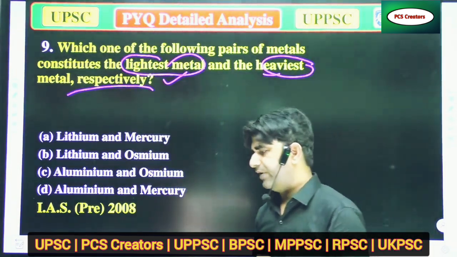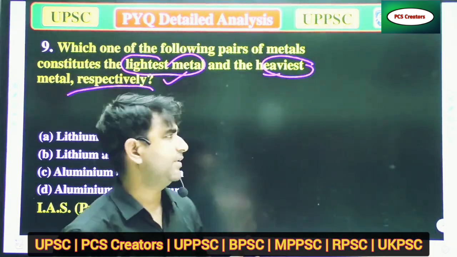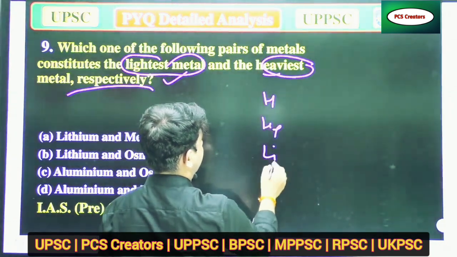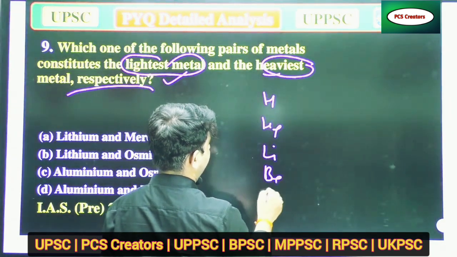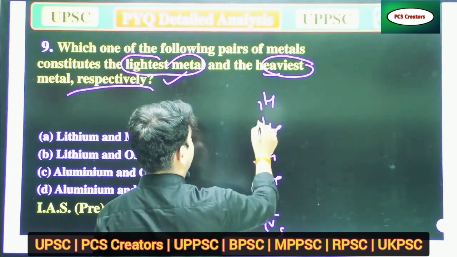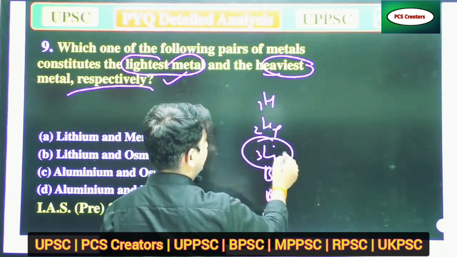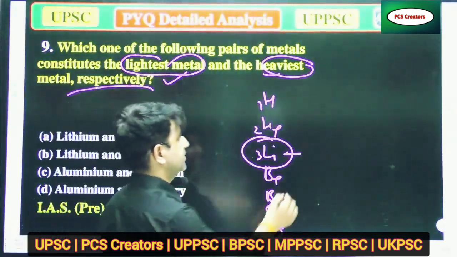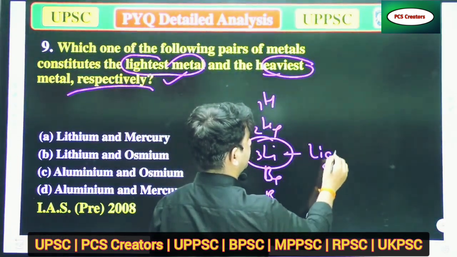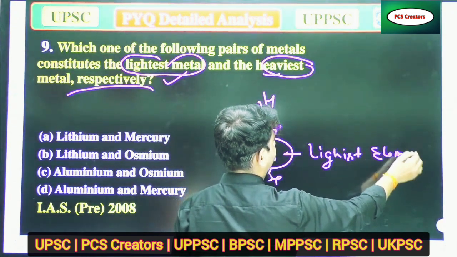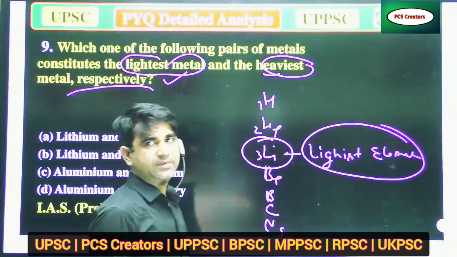When we talk about the elements, means primary elements, that is hydrogen, then helium, then lithium, then beryllium, then boron, then carbon, nitrogen, oxygen. Various elements are there. One, two, three. So lithium is the lightest metal.